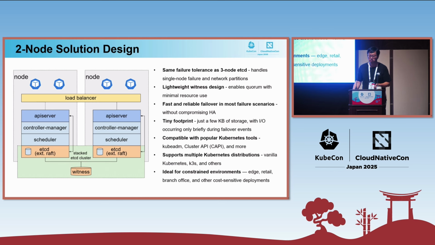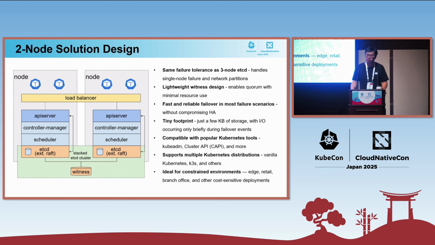Now, you might be wondering if we really need a very powerful storage to serve as a witness, so it won't be the bottleneck of the cluster. Well, you don't need that. The witness will be touched only once for each failure occurrence or recovery.